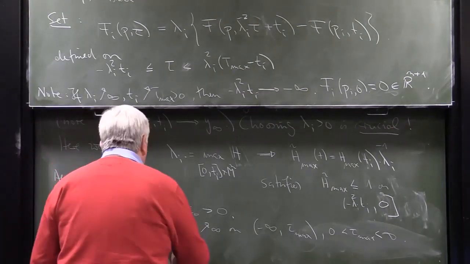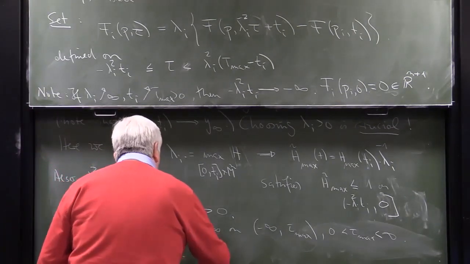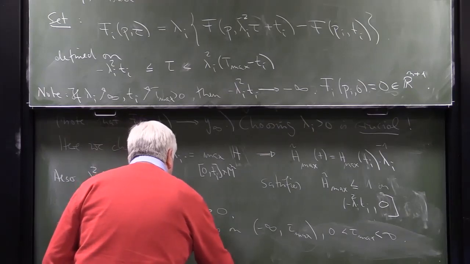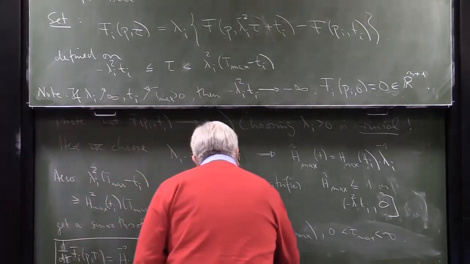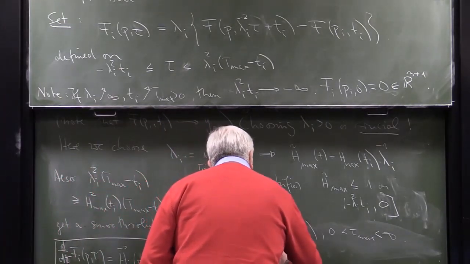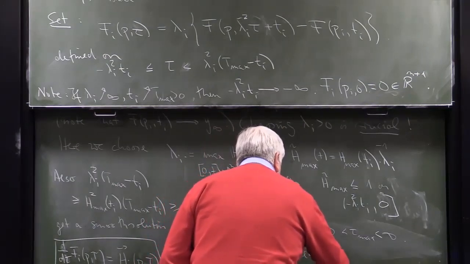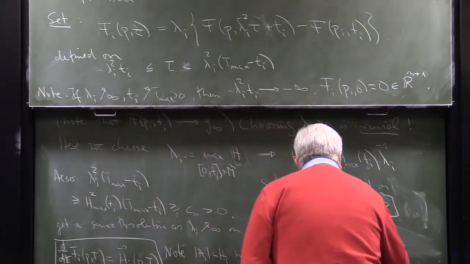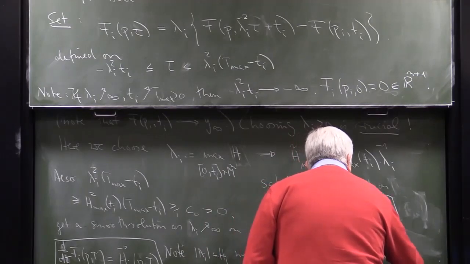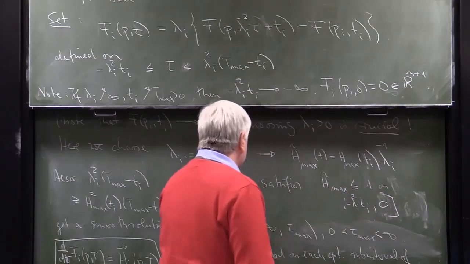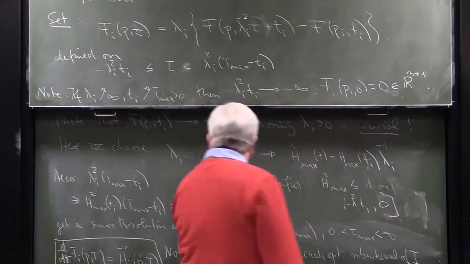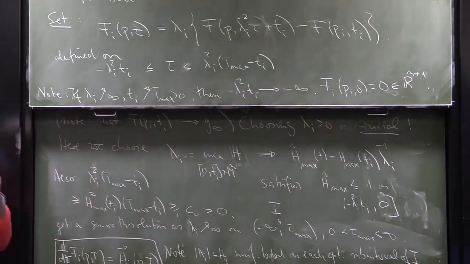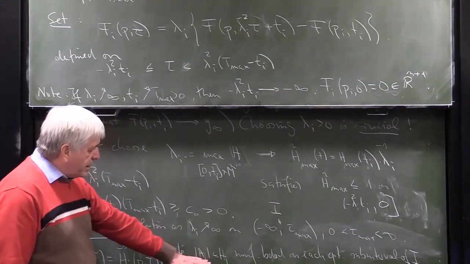And notice that because of convexity, the A_i are bounded by the H_i, and these are uniformly bounded on each compact subinterval of this interval I. So we have uniform bounds on all the second fundamental forms by convexity, because you have uniform bounds on the mean curvature.